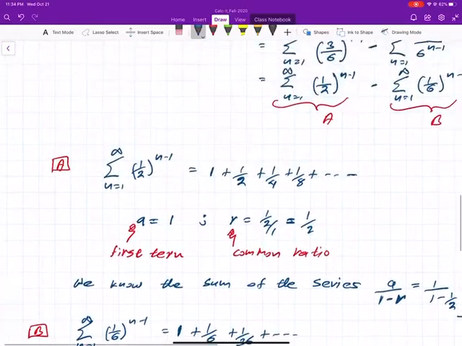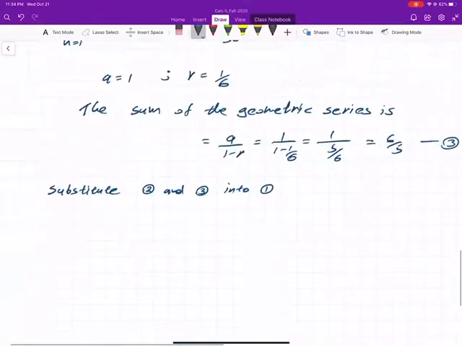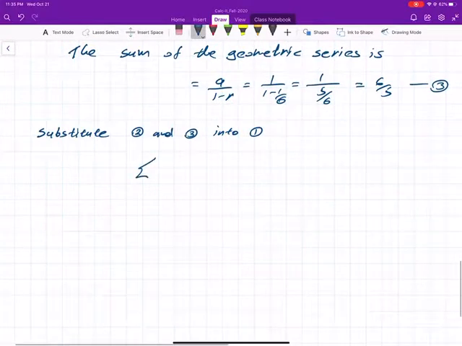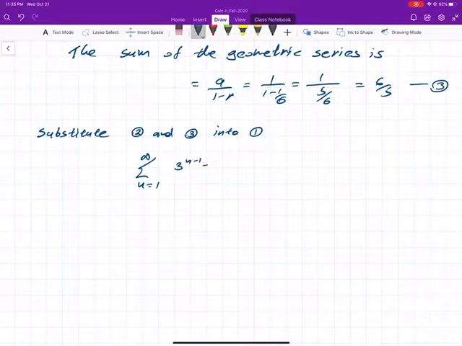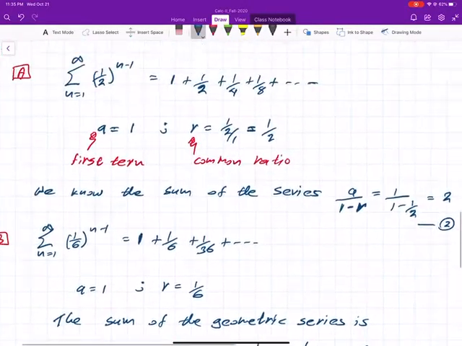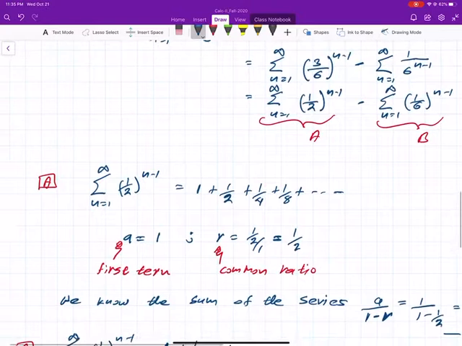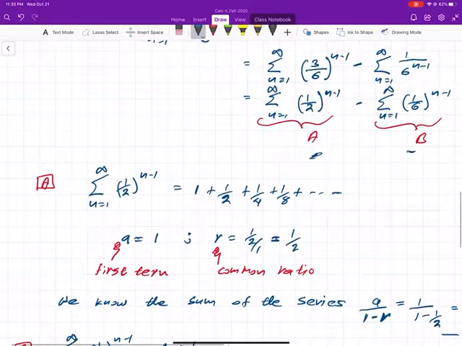So what we get here is this big series given to you, n goes from 1 to infinity, 3 to the power n minus 1 over 6 to the power n minus 1. So that is actually a minus b.